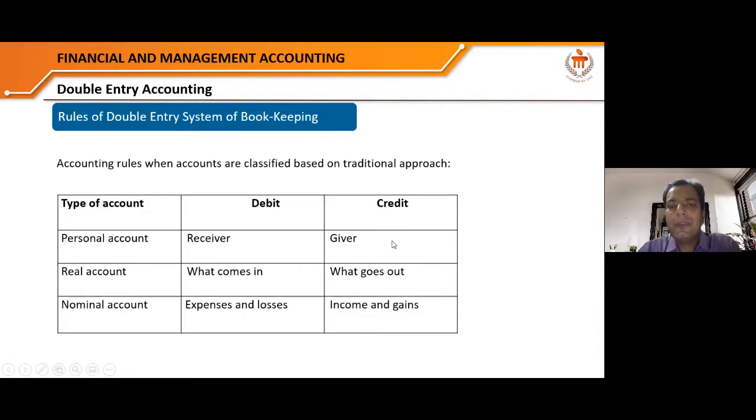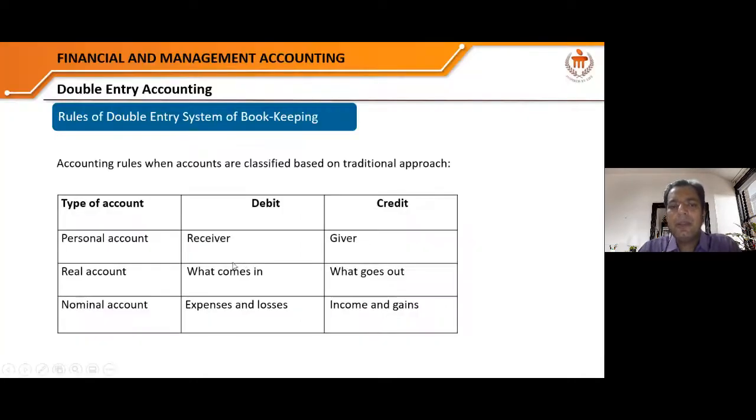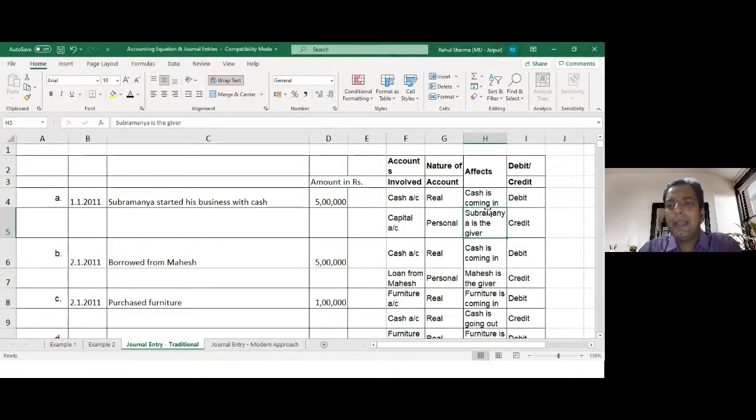So who is giving me? The owner is giving me, and that is called capital. That's why I credited the giver. Remember the rule: debit the receiver, credit the giver. So cash is debited, capital is credited.